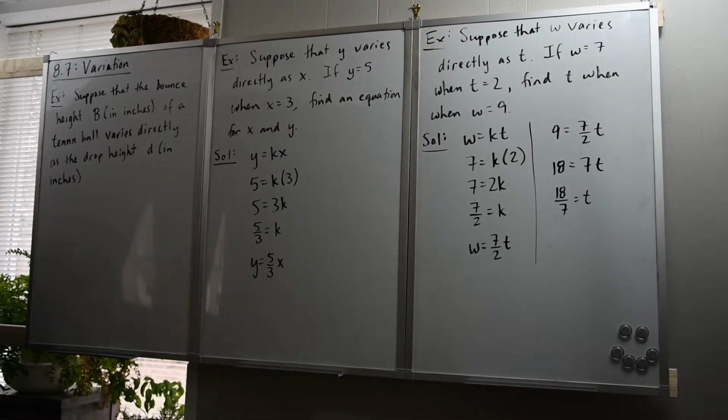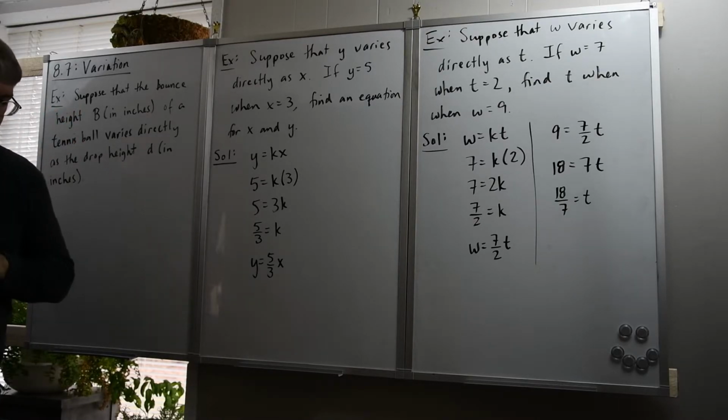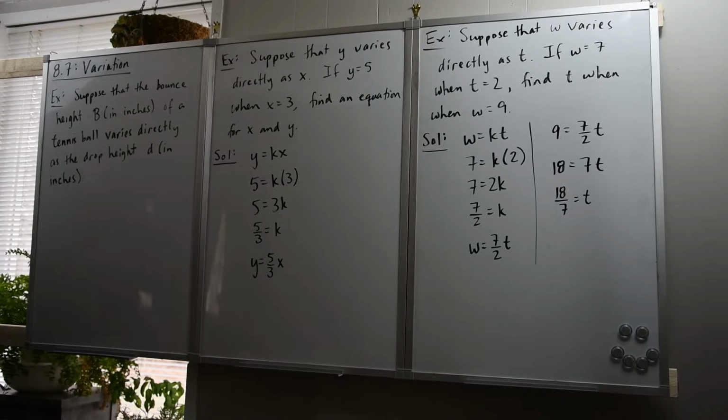Alright, so what we have so far, once again, is the bounce height, capital B, in inches, of a tennis ball varies directly as the drop height D, which is also in inches. Well, if you think about what we have so far, and consider the translation that we make in terms of direct variation, we're going to have B is equal to k times D as our equation.